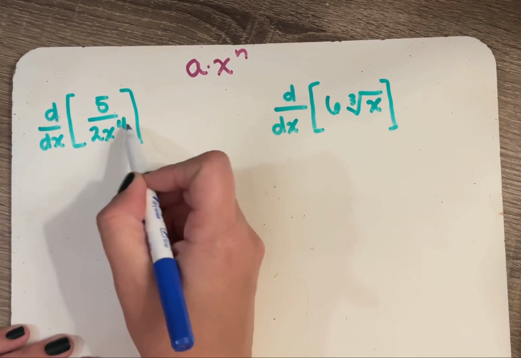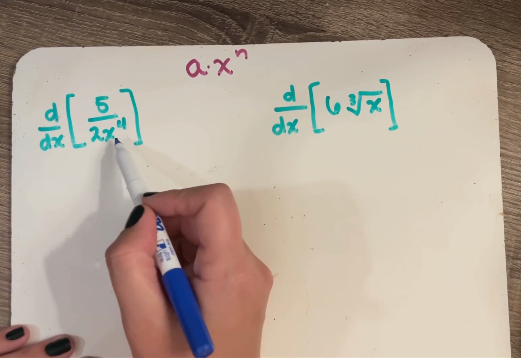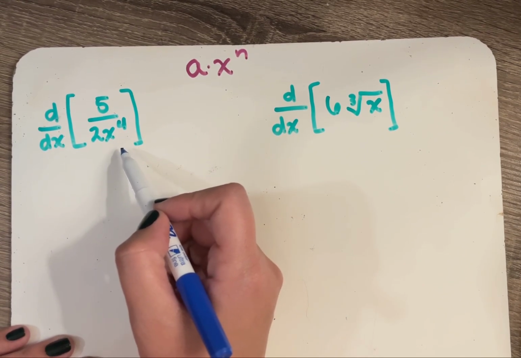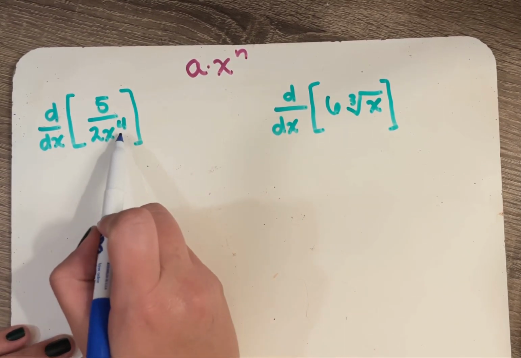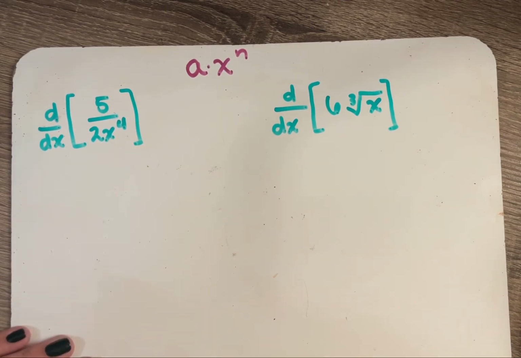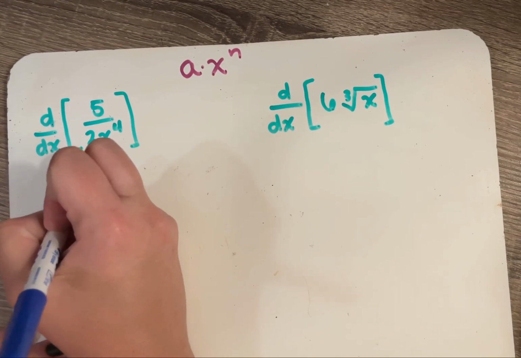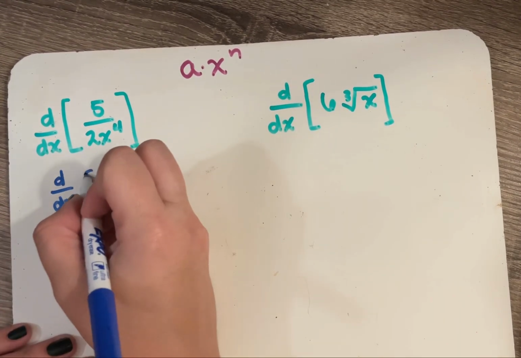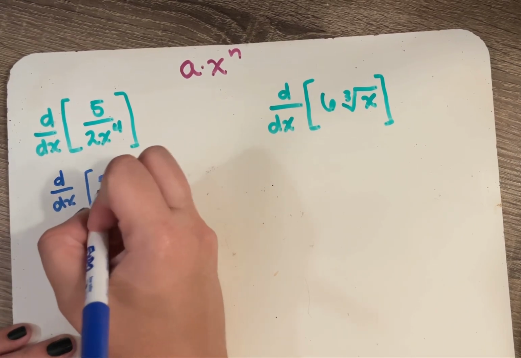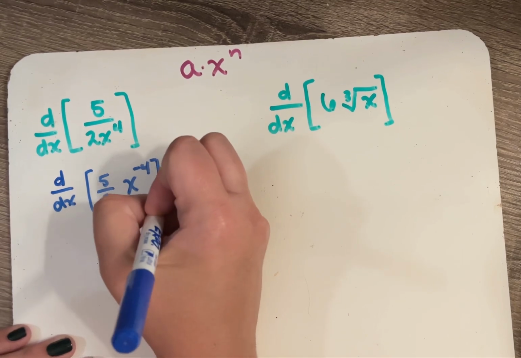When I have any variable in the denominator, I can move that into the numerator, but I have to change the exponent from, in this case, positive to negative. So I'm actually going to do the derivative d dx of 5/2 x to the -4th.